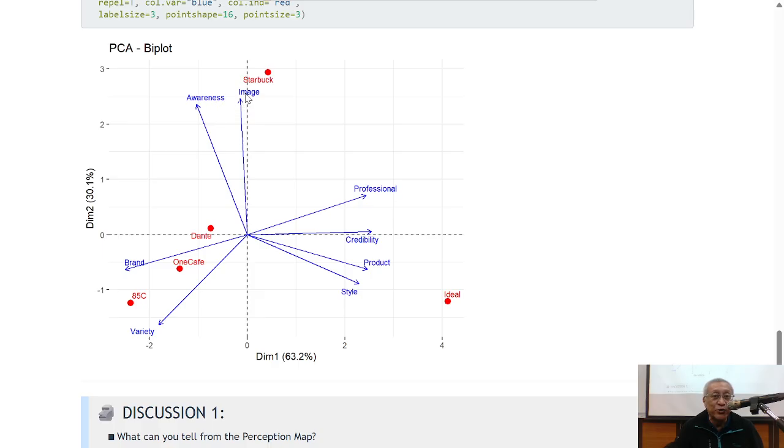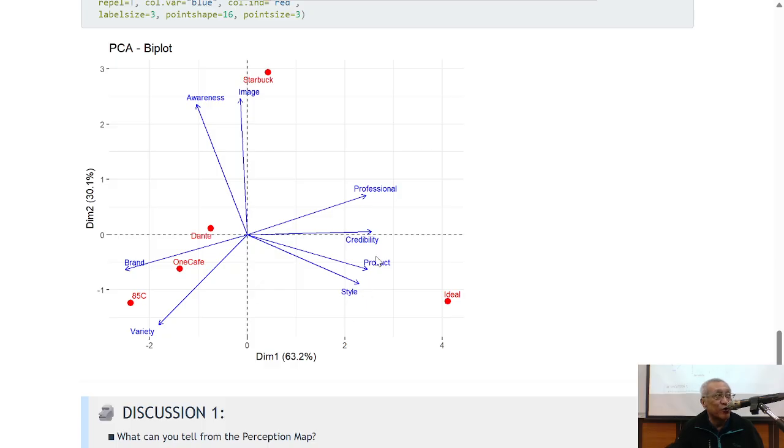The brand that has a higher image usually will have a higher awareness, so these 2 variables have a higher correlation. The smaller the angle, the higher the correlation between the 2 variables.